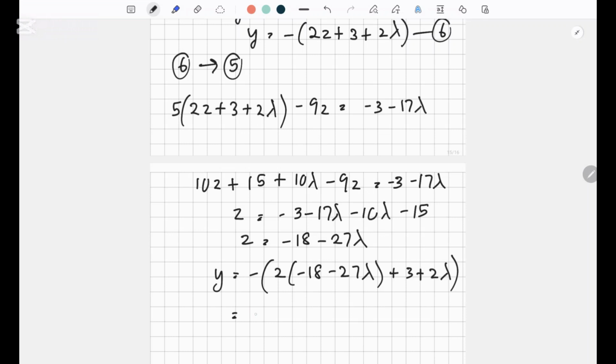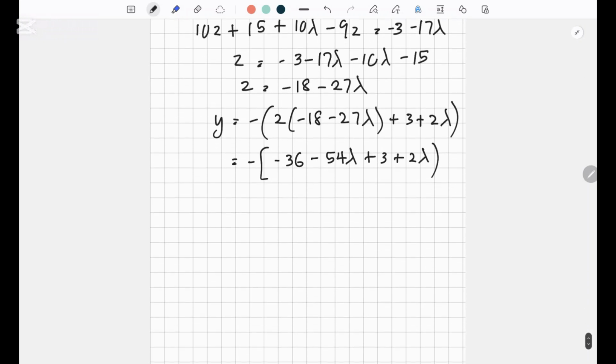This gives you, ignore the minus for now, minus 36 minus 54 lambda plus 3 plus 2 lambda. So minus 36 plus 3 is minus 33 minus 52 lambda.